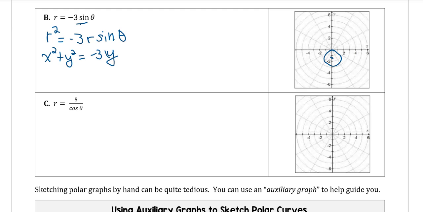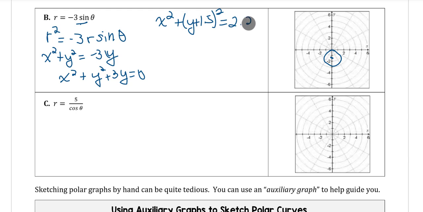And now what I can do is use completing the square to put this into the form of a circle. So I have x squared plus y squared plus 3y equals 0. Completing the square gives me this. x squared plus (y plus 1.5) squared is going to equal 2.25. You guys can fill in the details for that.